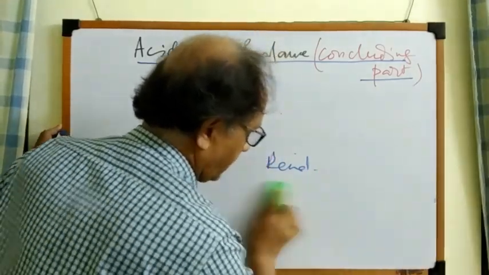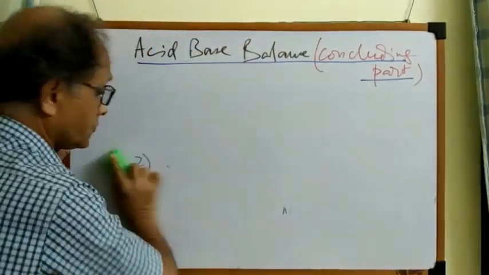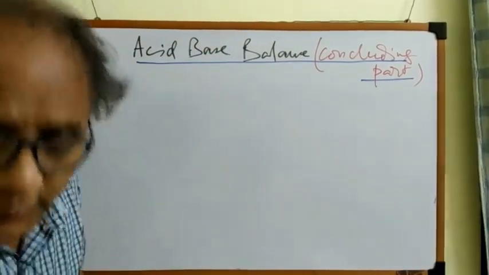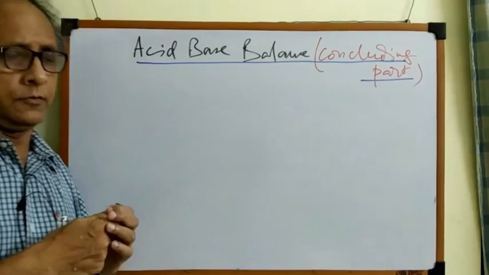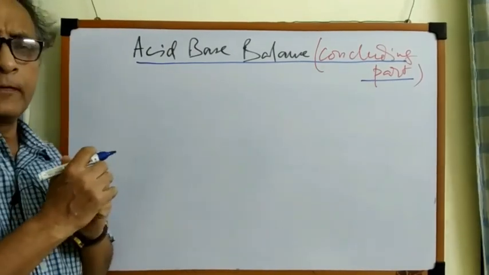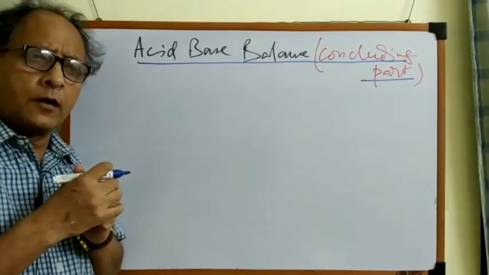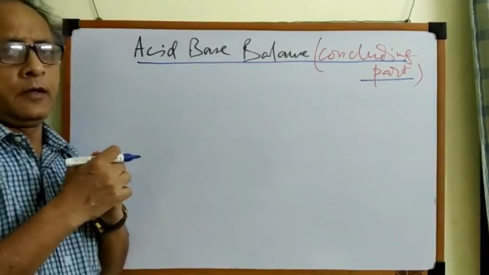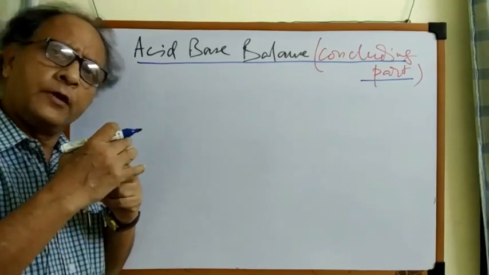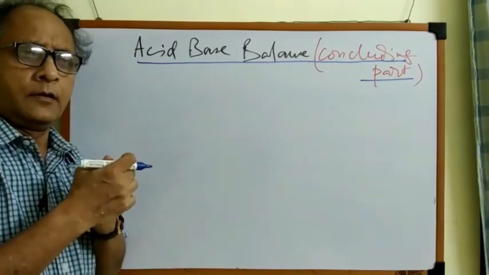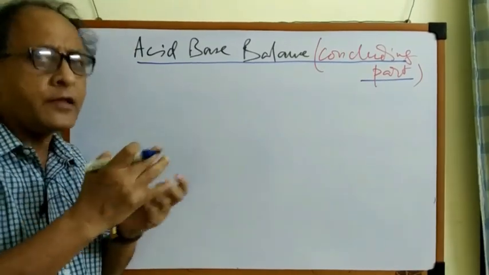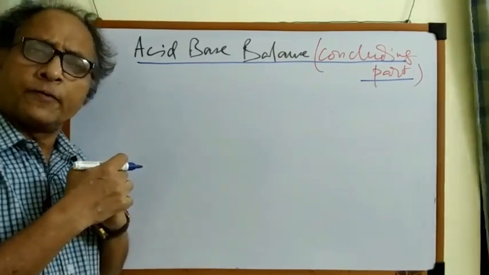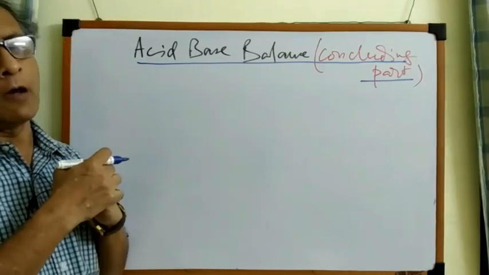Now a few things are left, and a few terminologies which you need to know. First of all, that hydrogen ion which is secreted as a result of generation of new bicarbonate is handled by phosphate buffer and ammonia buffer.